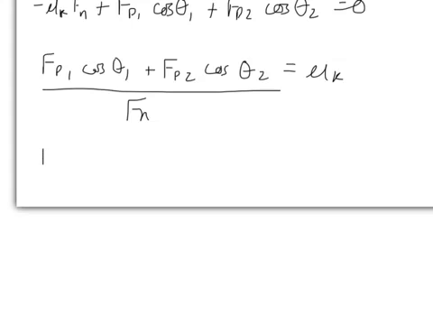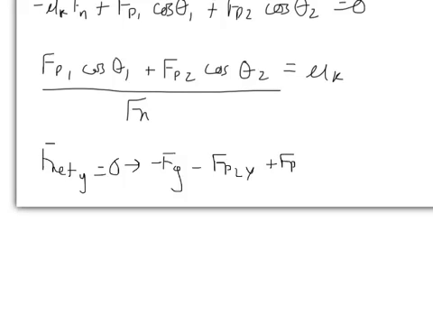So let's write our sum of the forces in the y direction equals 0. Well, that tells me we've got gravity acting down. We've got Fp2y acting down. We've got Fp1y acting up, and we've got the normal force acting up, and that equals 0. Let's plug in what we know.